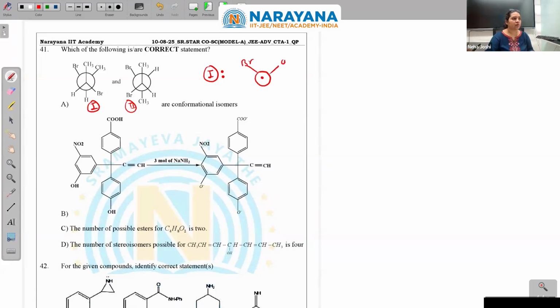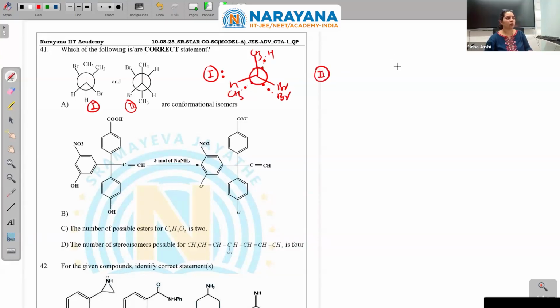Back carbon has bromine, CH3 and H. Front carbon has bromine, CH3 and H. I just drew the lines in a different way. So if I keep CH3 here, H here, bromine here, now the backside I oriented 180 degrees opposite. So this is CH3, this is H.